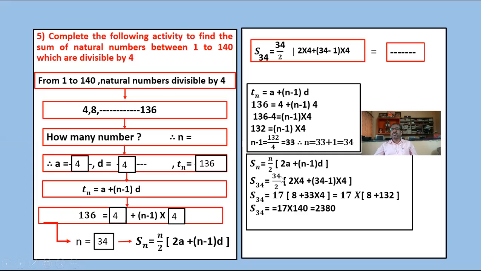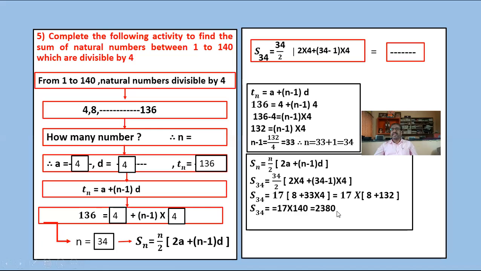S34 is equal to 34 upon 2, 2 multiply 4 plus 34 minus 1 multiply 4. Here 2 divide 34 is 17 in bracket, 2 times 4 is 8 plus 33 multiply 4. 17 multiply 8 plus 132. 8 plus 132 is 140. So S34 is equal to 17 multiply 140 is equal to 2380.